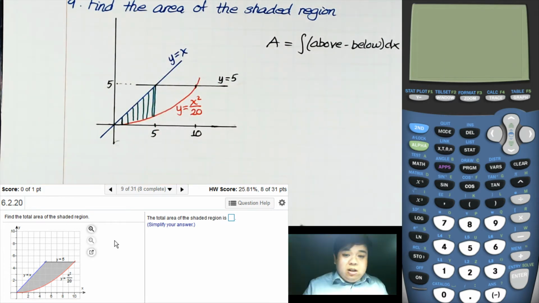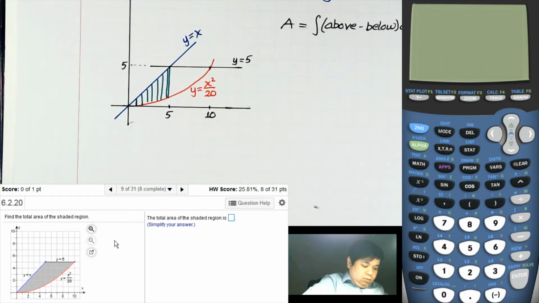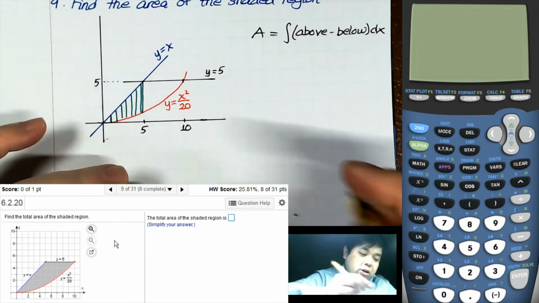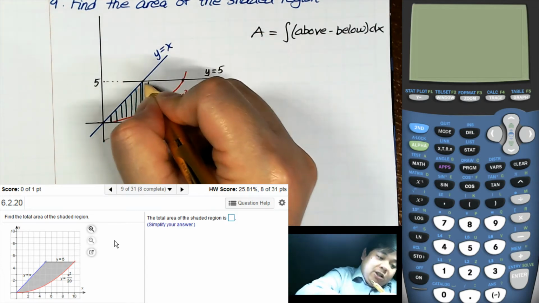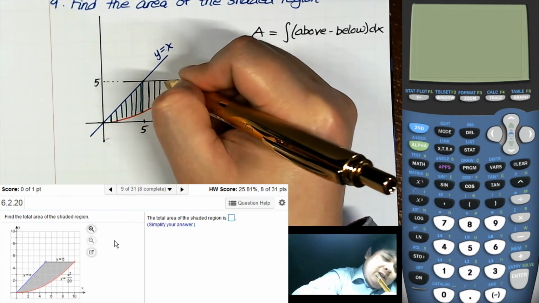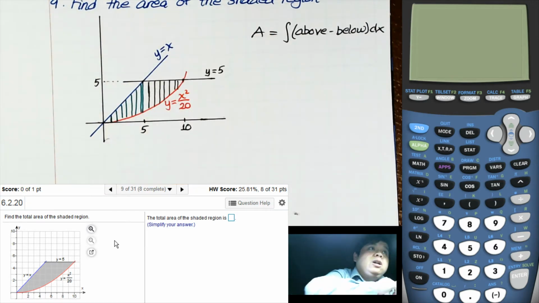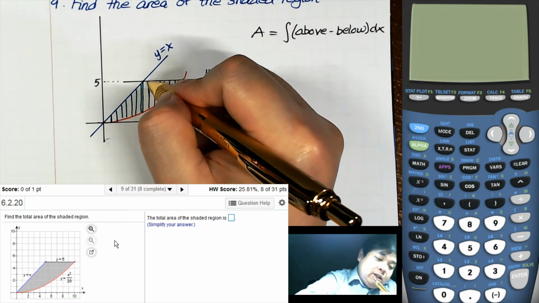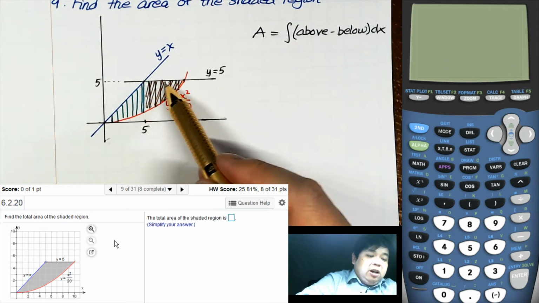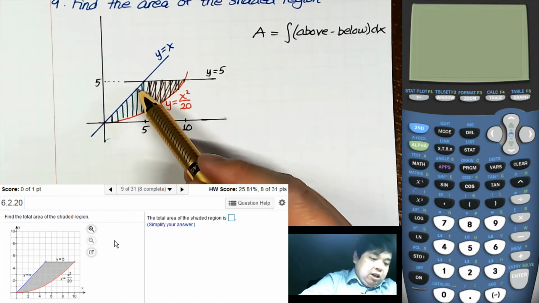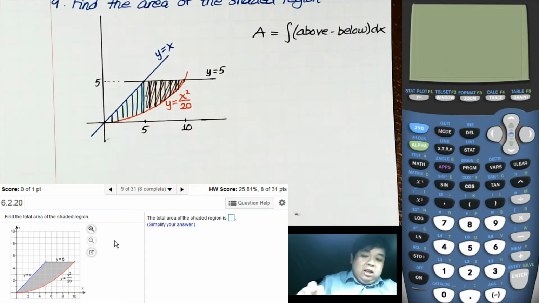But for the other part, now for this part here, the function above is the horizontal line. So those two regions, we have to use different boundaries. This region here, the boundary on the top is the diagonal line. This region here, the boundary on the top is the horizontal line.